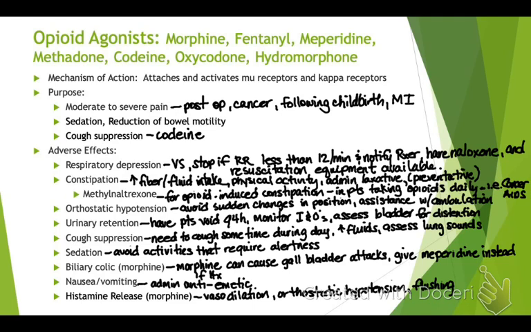All opioid agonists have the same mechanism of action, purpose, and adverse effects. Their mechanism of action, again, is that they attach to and activate the mu receptors and the kappa receptors. The purpose of these meds is to treat moderate to severe pain, such as pain from post-op, cancer, childbirth, or an MI.